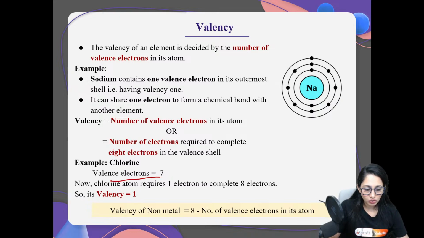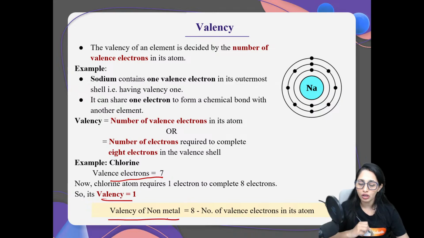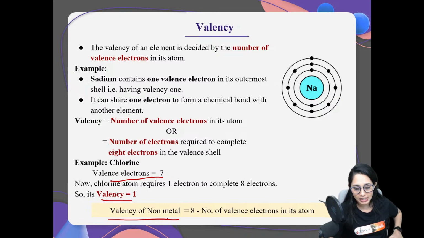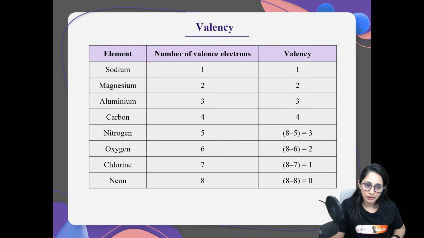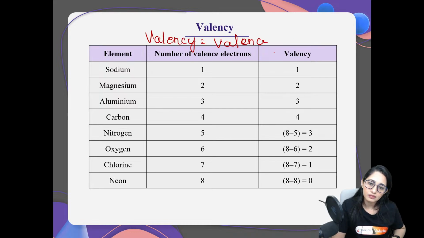So if valence electrons is equal to 7, then valency will be 1, which means valency of a non-metal is equal to 8 minus the number of valence electrons in an atom. You can see here sodium is a metal. For metals, valency is equal to the number of valence electrons.